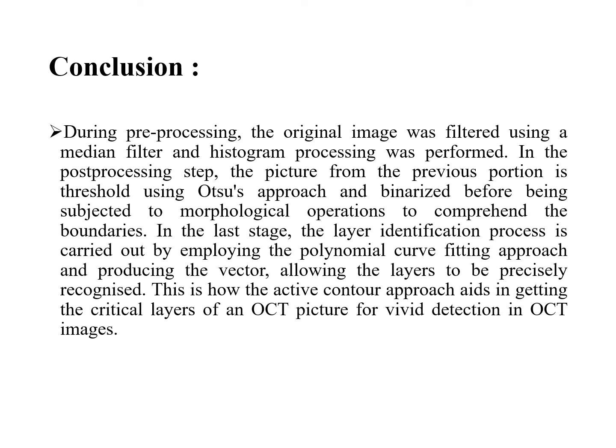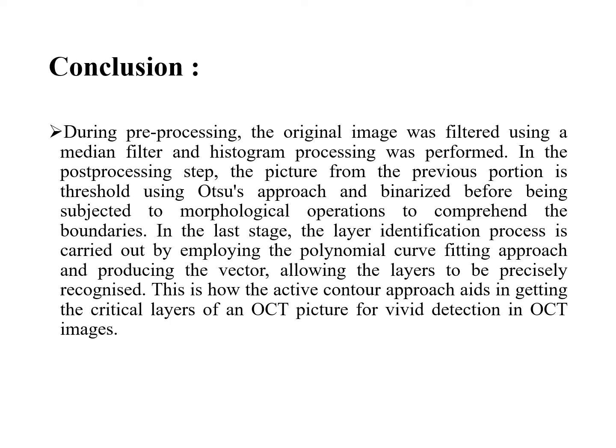Finally, we concluded that during pre-processing, the original image was filtered using a median filter and the histogram equalization process was performed. In the post-processing step, the picture from the previous portion is thresholded using Otsu's approach and binarized before being subjected to morphological operations to comprehend the boundaries.